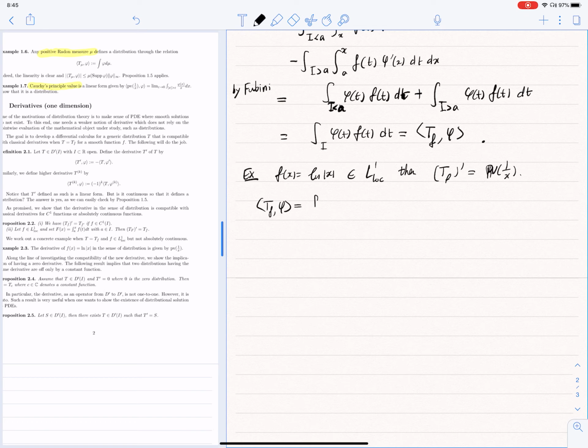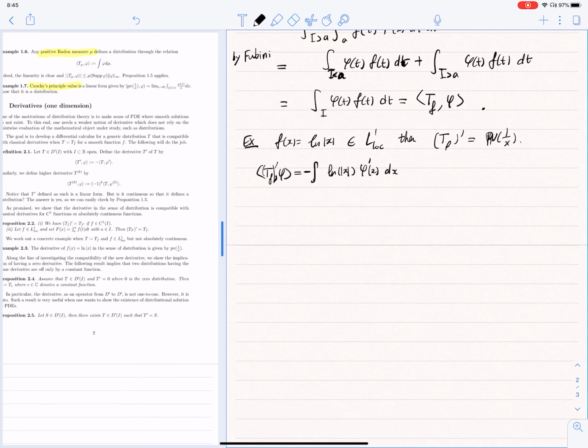So it is given by the integral of log of x, phi of x, right? No, sorry, there's a phi prime. Again, we compute derivative, right? So the derivative of this is given by negative sign of TF applied to phi prime. So this is what we have, dx.